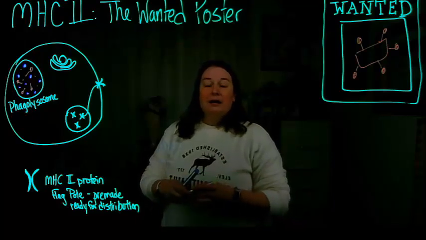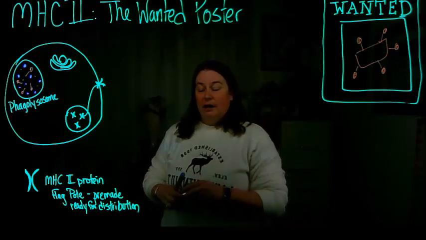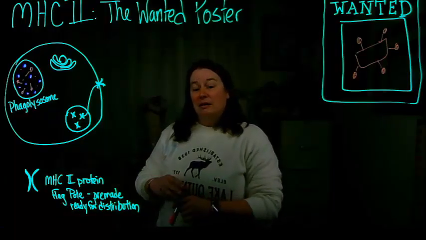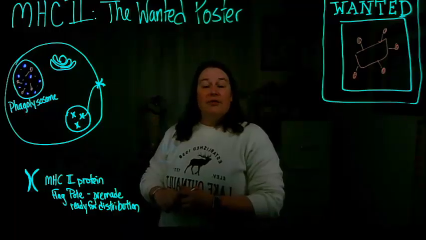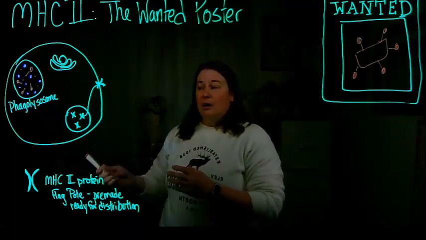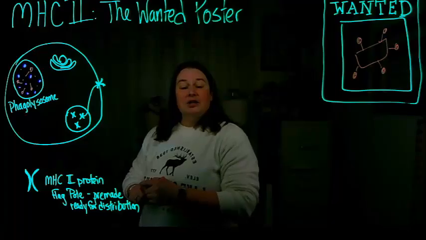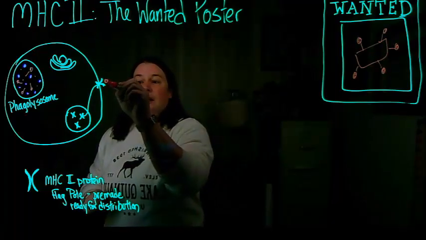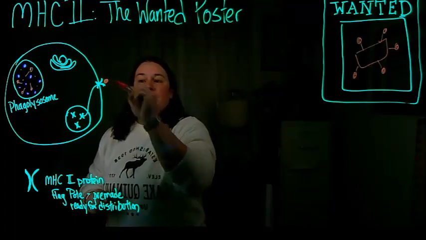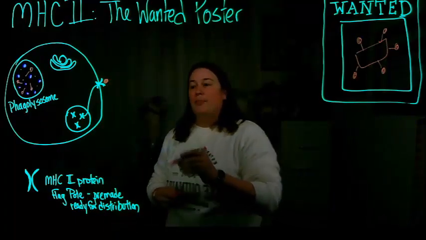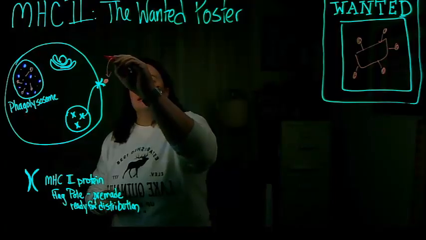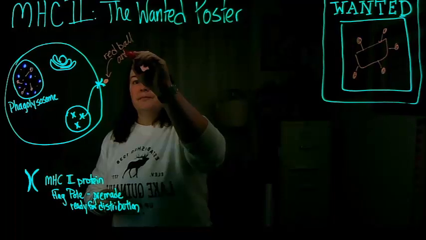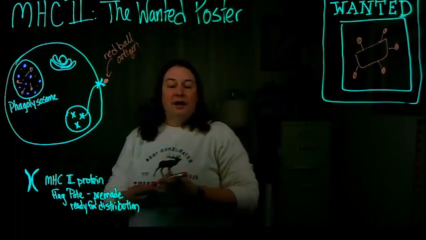But without something on the tip of the flagpole, there's no message to be sent. So in the case of the phagolysosome, we're going to take that MHC2 protein that was produced and we're going to take a remnant of the cell that we digested and we're going to put it onto the surface. So this is the evil red ball antigen. Antigen meaning the thing that is used to signal.